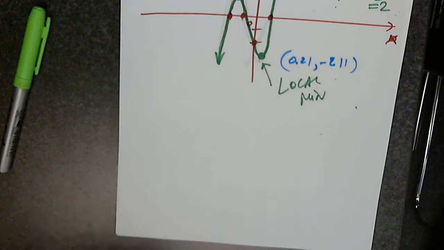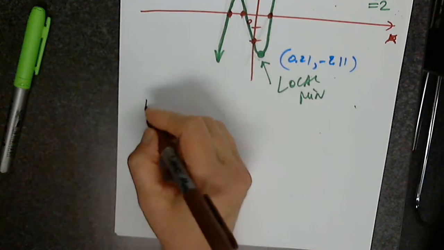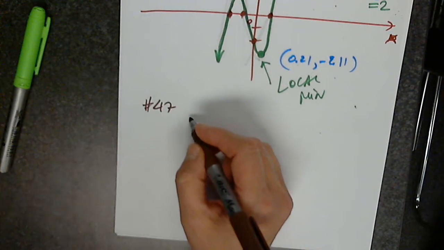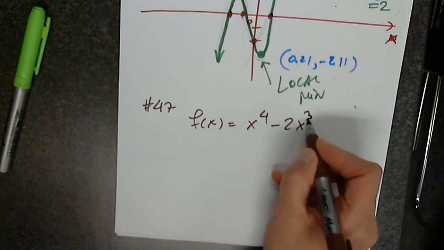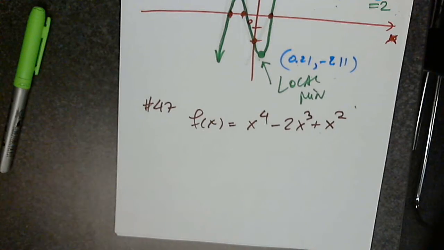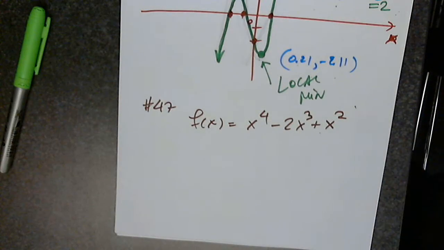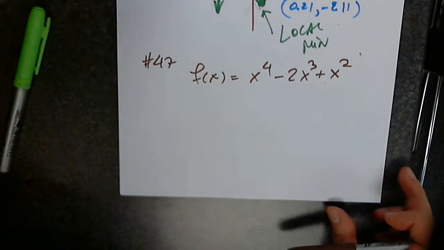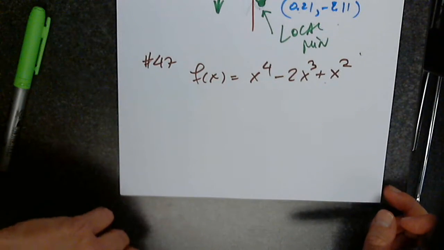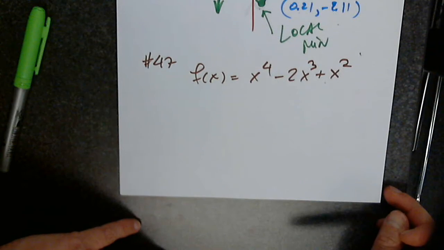Any questions for me? Okay, 47. And we have f of x equals x to the 4th minus 2x cubed plus x squared. The first function we graphed took us, I don't know, 20 minutes. Now they will take us less and less till we get to about 2 minutes maximum.